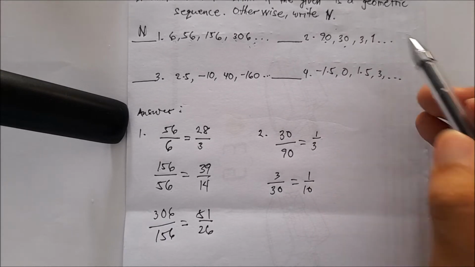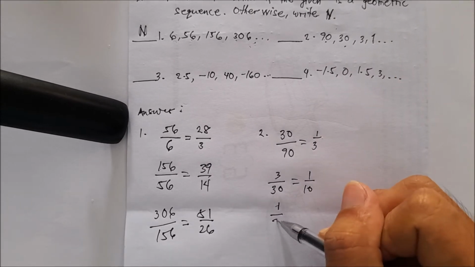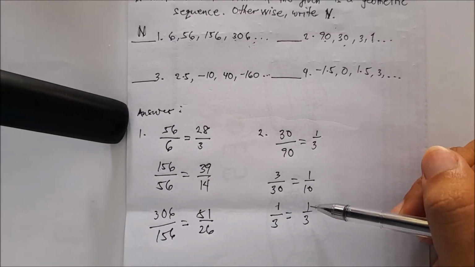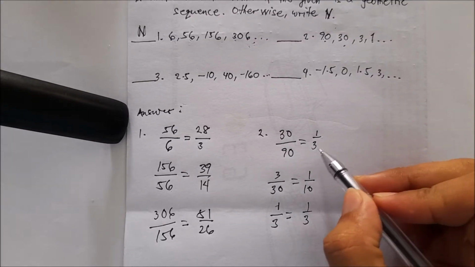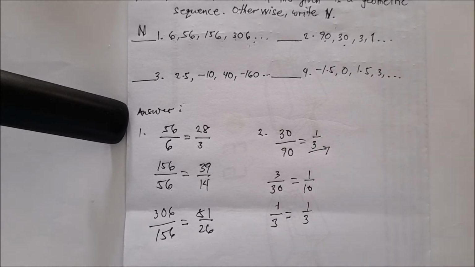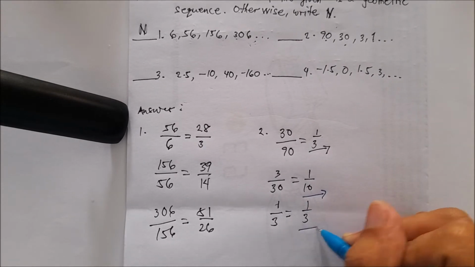How about 1, which is the fourth, 1 divided by 3 is equals to, is there a common ratio here? No, the ratio is 1/3, and the next is 1 over 10, next is 1/3.